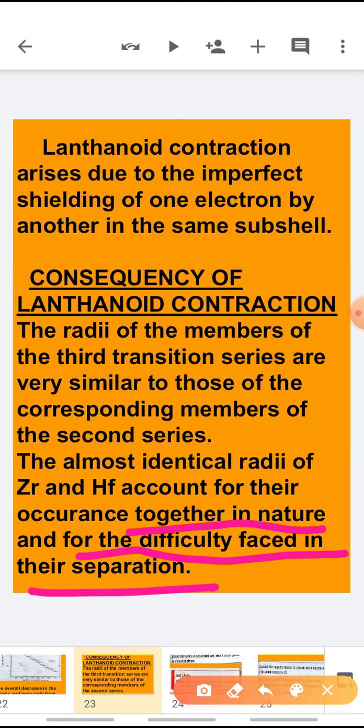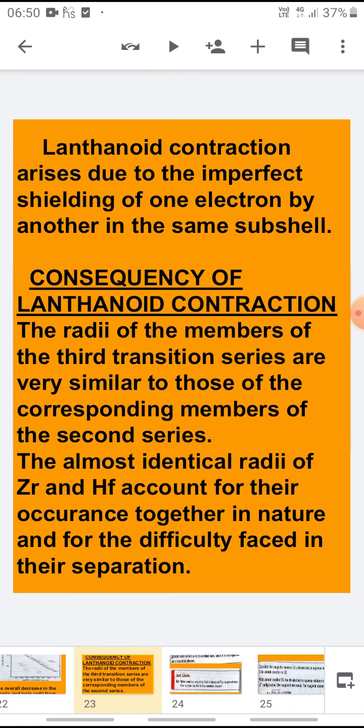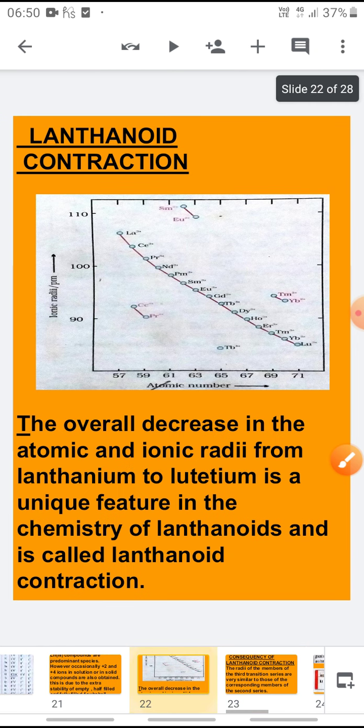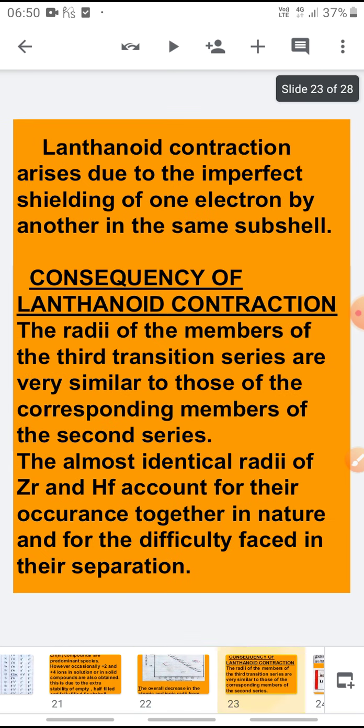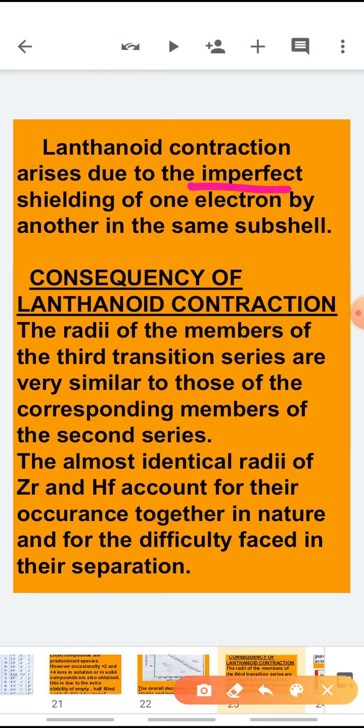So again, what is lanthanoid contraction? Lanthanoid contraction is the regular decrease in size of elements from lanthanum to lutetium. Now, what is the reason behind lanthanoid contraction? It is the imperfect shielding effect of one electron by another in the same subshell.